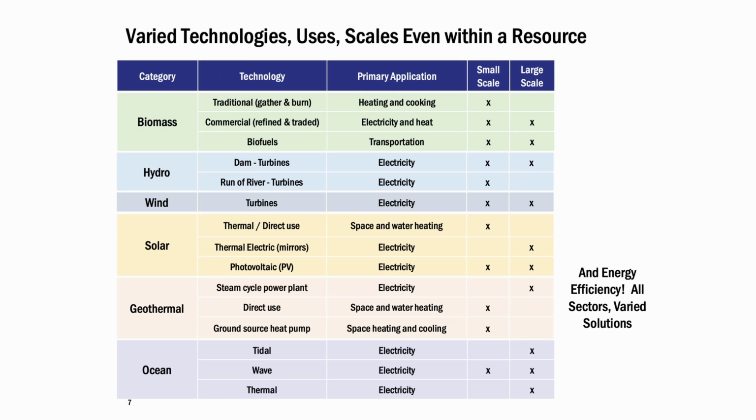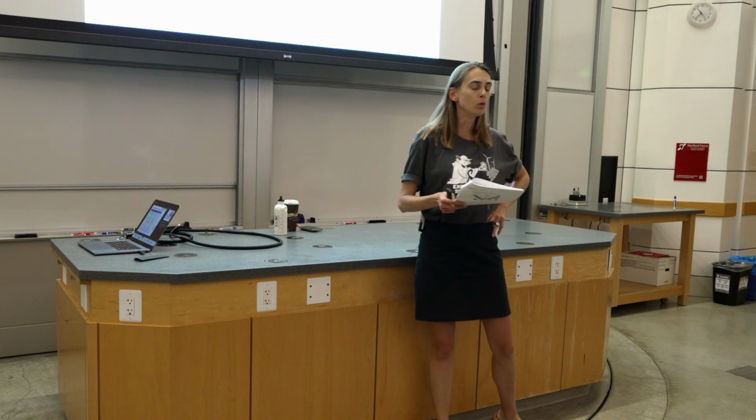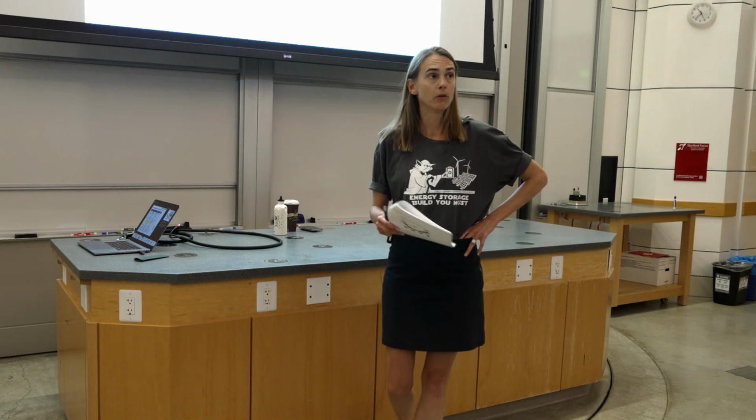In terms of technology used, just to give you a few examples, you have everything from turbines for hydroelectricity generation, to turbines for wind electricity generation, to the PN junction for solar electricity. There are also different end uses, like you see in the primary application column, in terms of heat, electricity, and transportation.